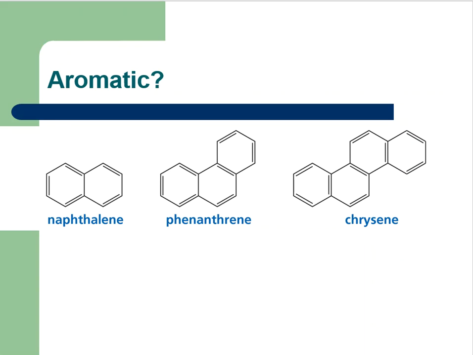Well, first, let's just look at naphthalene. This is a ring, and this is a ring structure. So these ring structures, yeah, there's a ring in place. Second, is every carbon having a pi set of electrons? So this one has a double, that one has a double, this one has a double, that one has a double, this one has a double, that one has a double. This one's got a double, this one's got a double, that one's got a double, this one's got a double.